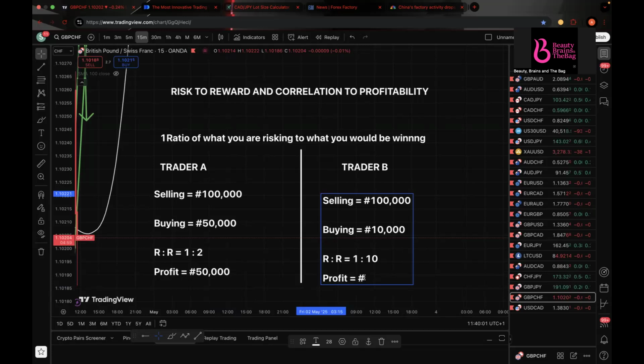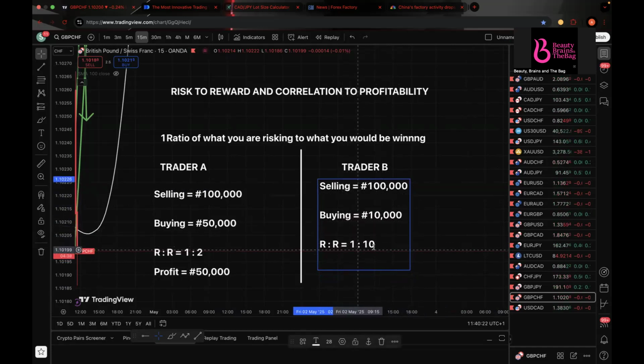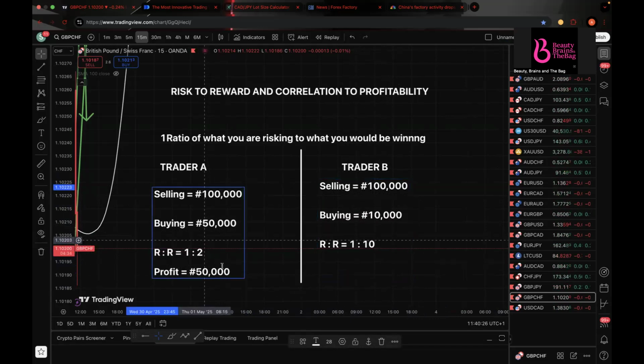Now let's assume both of them spend 1 million naira on their business. Let's say they invested 1 million naira in buying products. Look at the simple math.